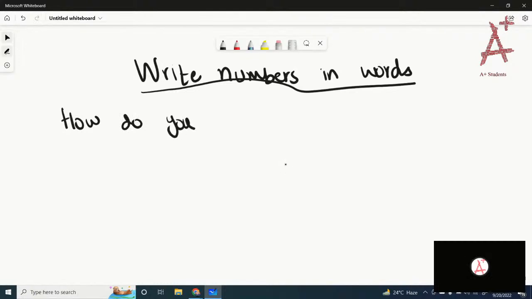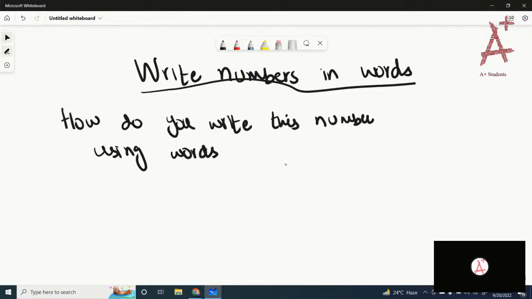How do you write this number using words? And the number is 98.